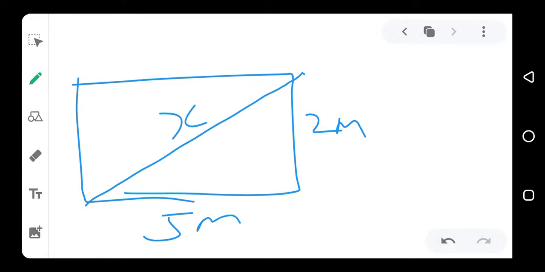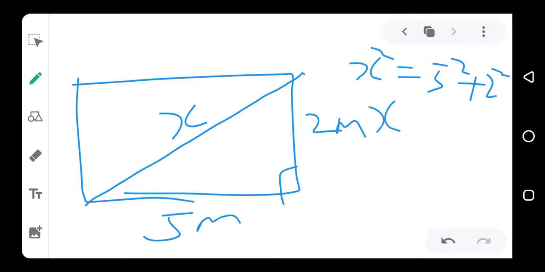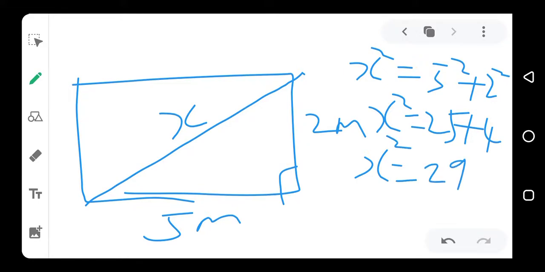So we have that x squared, since this is a rectangle, this place is 90 degrees. So x squared is equal to 5 squared plus 2 squared. Now x squared is equal to 25 plus 4 and x squared is equal to 29. So x is equal to root 29.